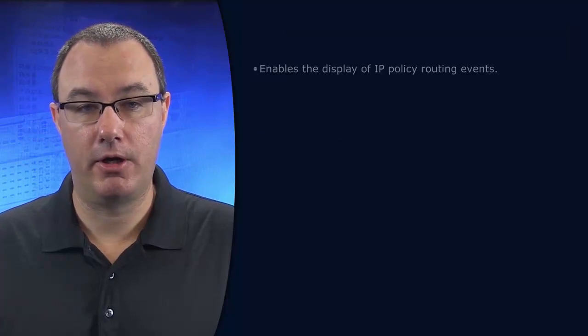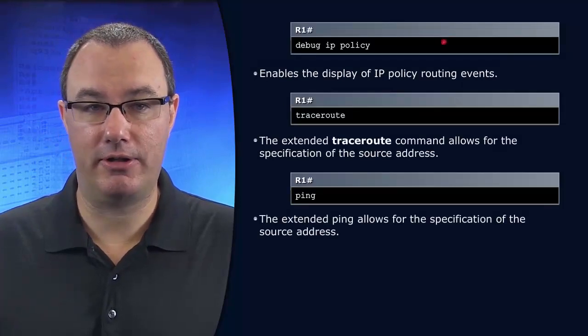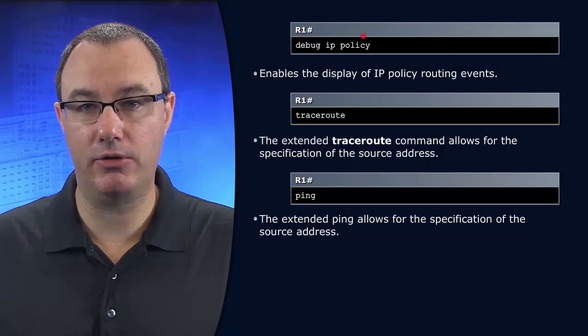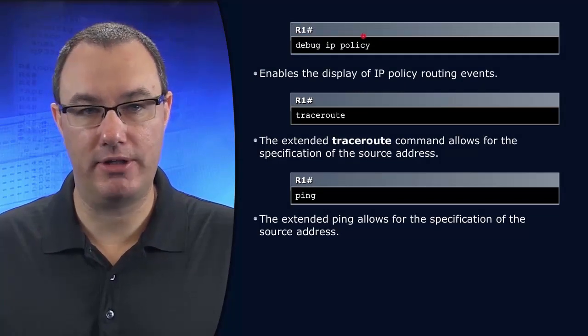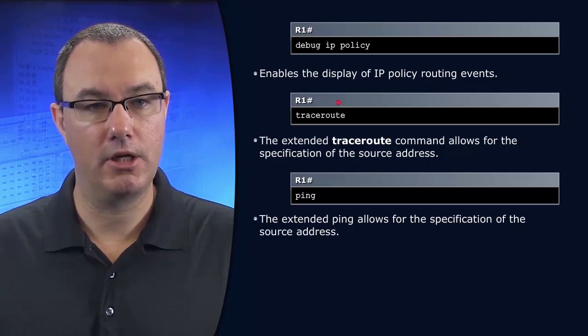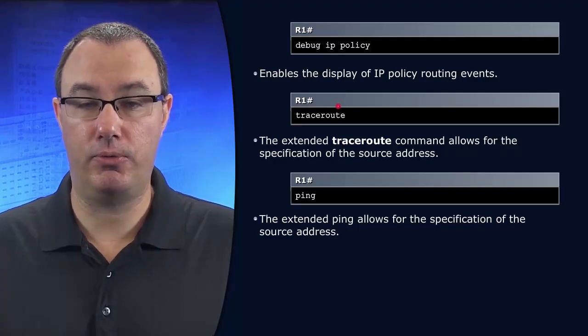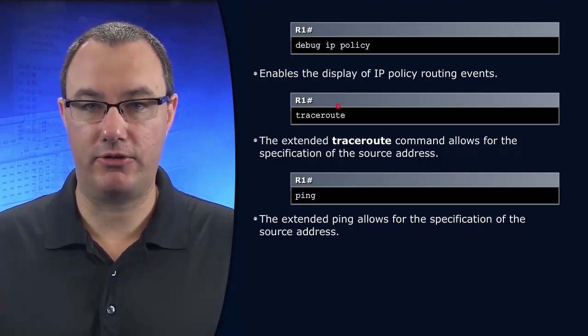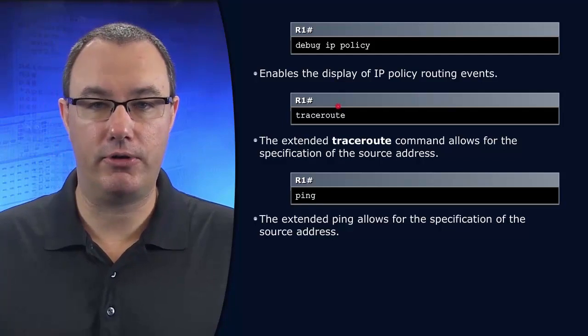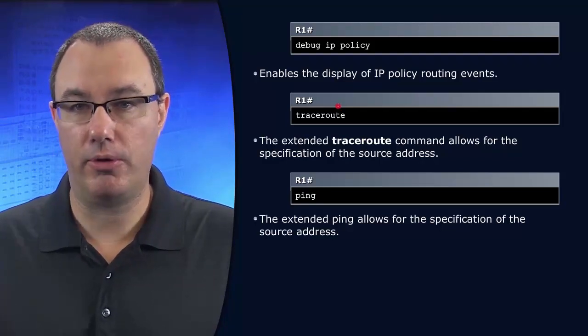Now, we may also want to debug this. You can get really granular, detailed information with debug IP policy. Traceroute allows you to see the next hop addresses, because what is traceroute? It allows you to see which devices you go through.